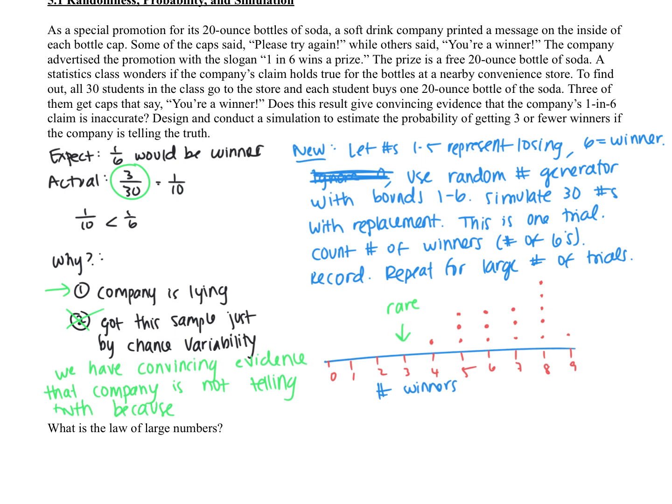Because we got the probability of 3 or fewer winners to be about 0. Now, does it mean that it's impossible to get 3 winners? No. It's just very unlikely.